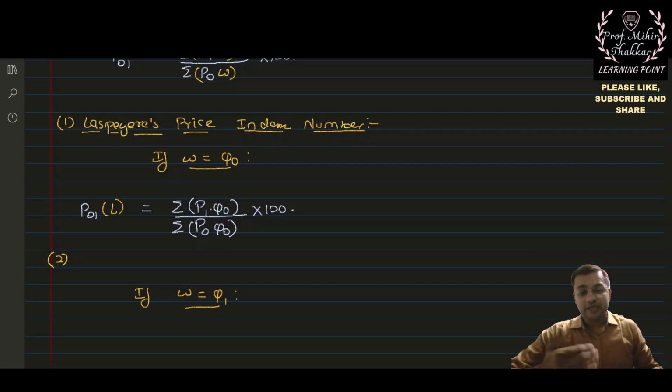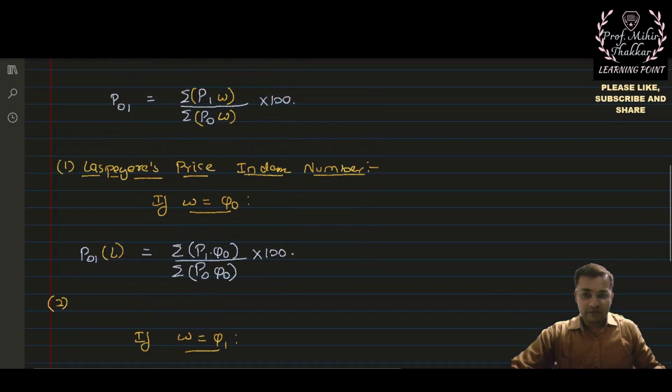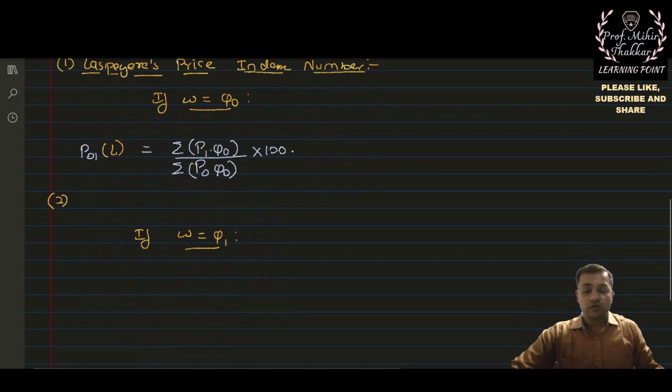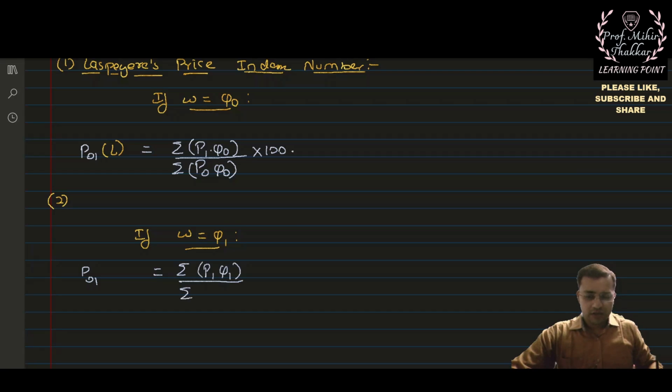In case I consider that the weight is the current year quantity Q1, then in the basic formula, in the numerator and in the denominator, the weight will be replaced by the current year quantities to give you a very easy formula, my friends. P01 is equal to summation of P1 into Q1 upon summation of P0 into Q1 into 100.